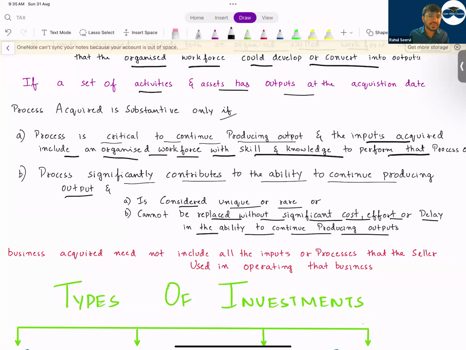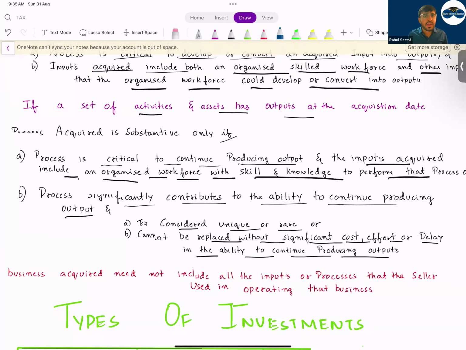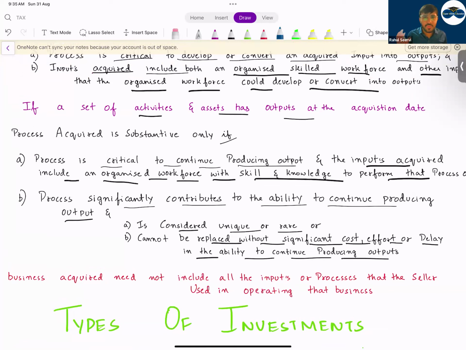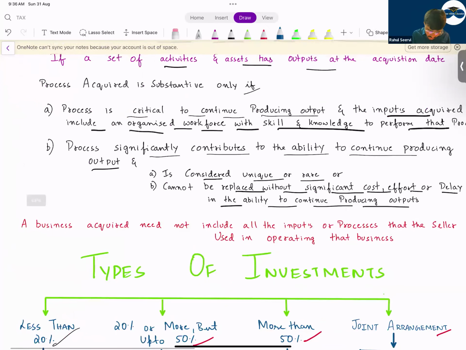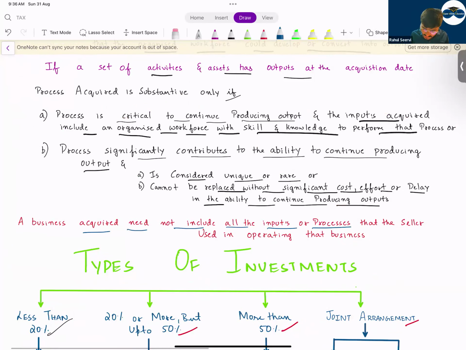But the process or the input should be in such a way that it is able to work automatically, like in technology businesses, etc. We can consider it. But the basic point which you have to remember in the exam is what? Input should be there, process should be there, output should be there. Even though output is there today, the input and process should be strong enough so that in future also the output will be produced.